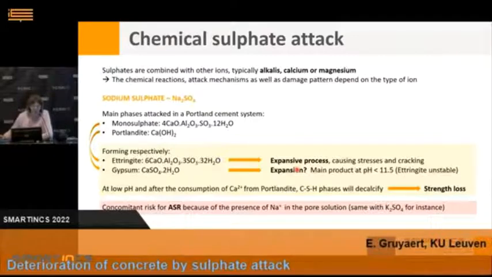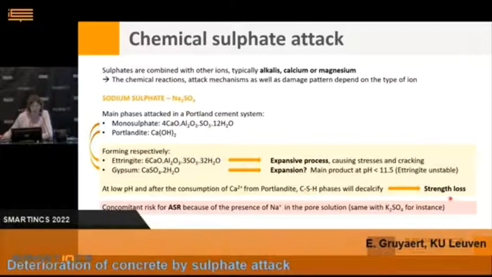In case of gypsum formation, the literature is a bit debating about whether this is leading to expansion, yes or no, but it is in fact the main product that is created when the pH is below 11.5, because at that point the ettringite is not stable anymore and cannot exist. We have also seen that at some point calcium ions are needed from the calcium silicate hydrate, and of course that means that your calcium silicate hydrate is decalcifying, leading to a strength loss.